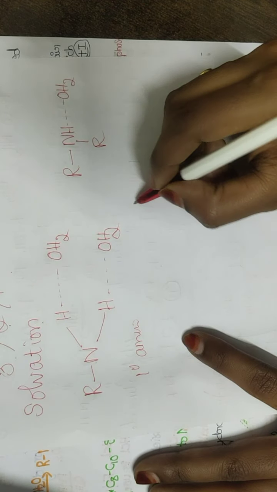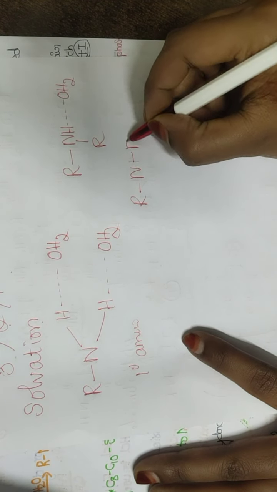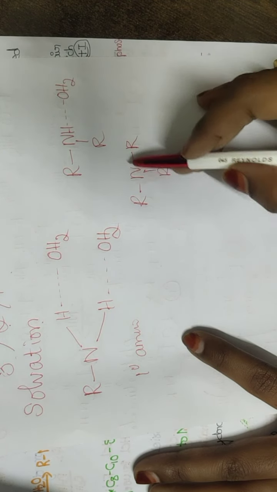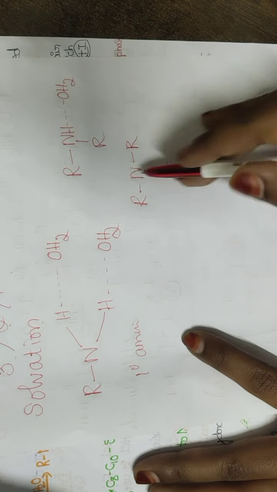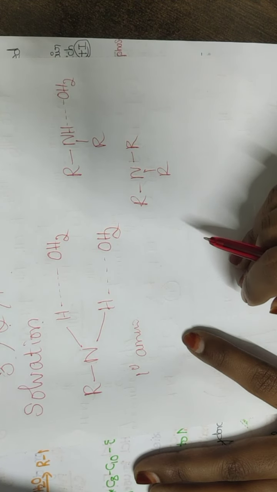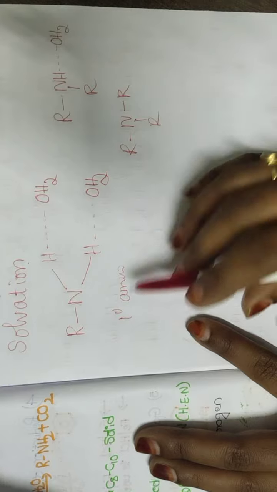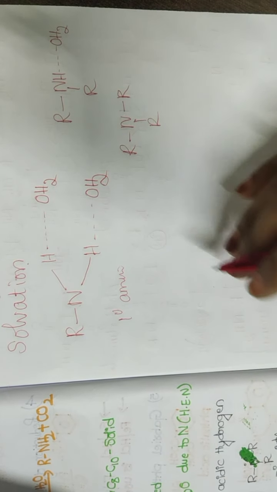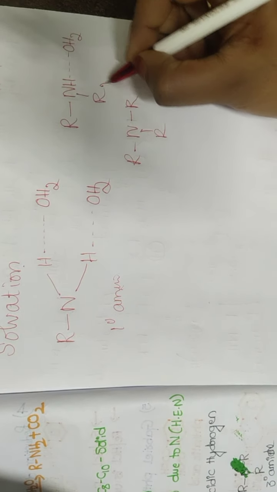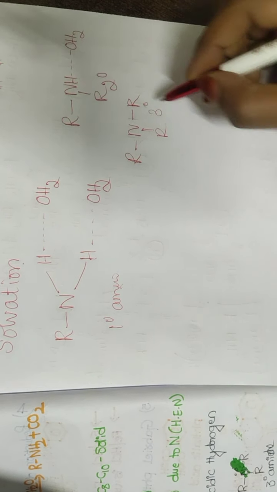Similarly, tertiary amine does not have a hydrogen itself. So therefore I cannot expect formation of a hydrogen bond with the water molecule, or the solvation effect is least in case of the tertiary amine. So as a result of solvation effect, the most highly solvated is primary amine, followed by secondary amine, then comes tertiary amine.